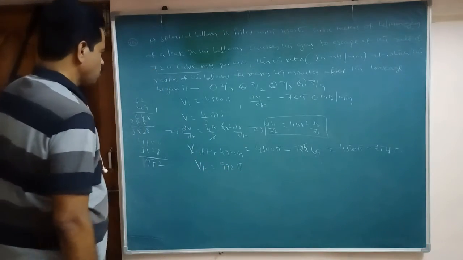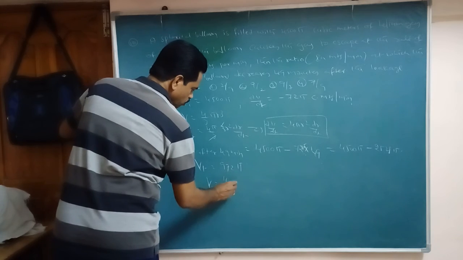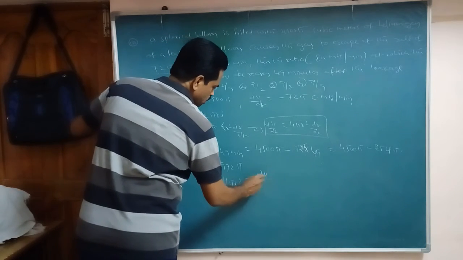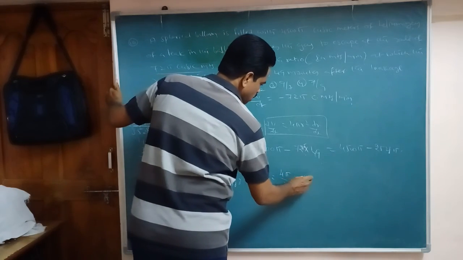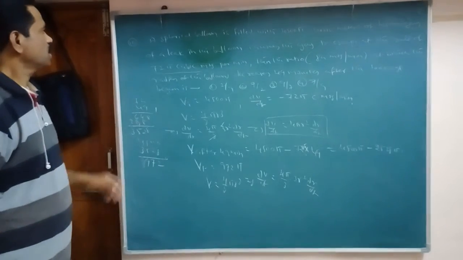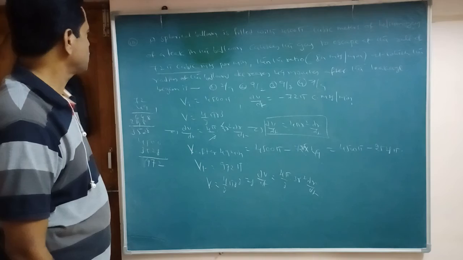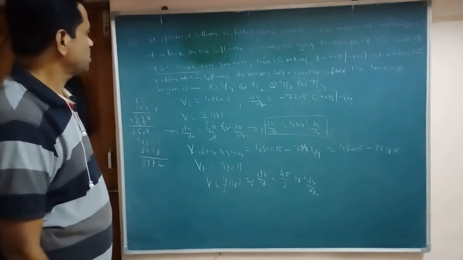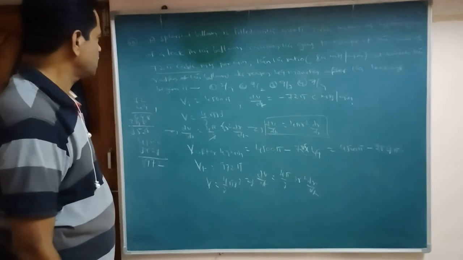Okay? Now the value we take here, V equal to 4 by 3 pi r cube, dV by dt equal to 4 pi by 3 into 3r square dr by dt.